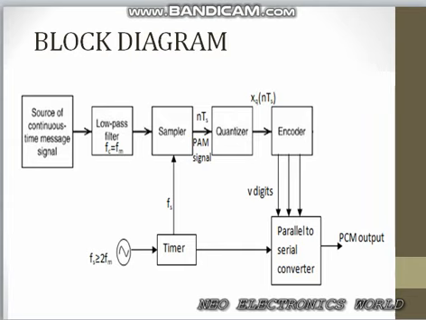Am I right? Do you know what the waveform of a low pass filter is? Yes, I will just draw it here. The waveform of a low pass filter will look like this.